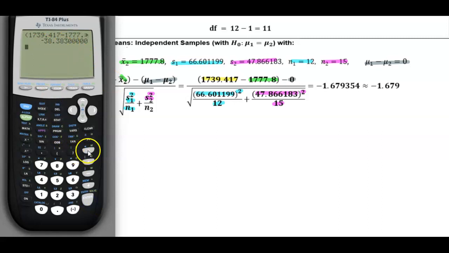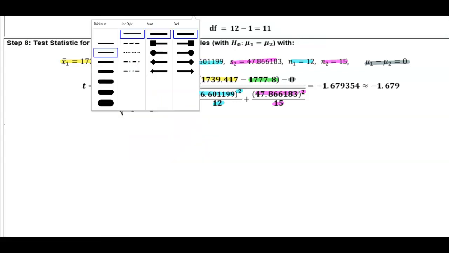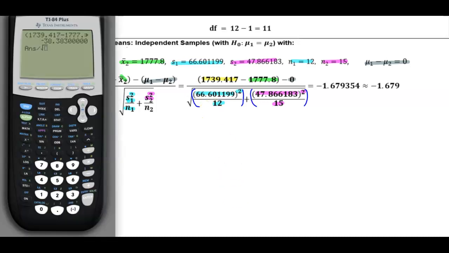Now we're going to select divide by, and then we're going to divide that by a second square root. Now I want to point out here that we need to add parentheses where needed. So we need to put extra parentheses around here when we're putting this in our calculator. So let's go ahead and do that.